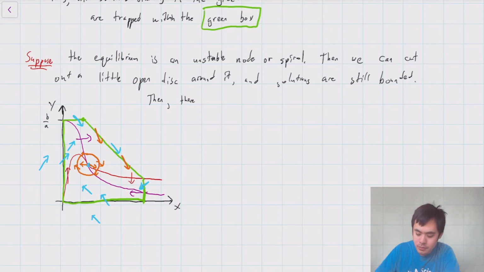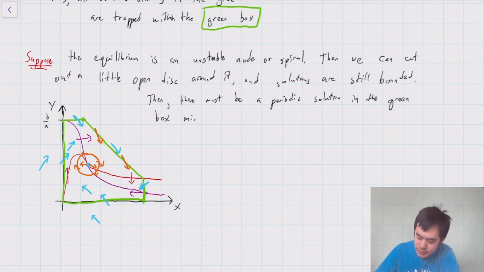Then there must be a periodic solution in the green box minus the orange circle.